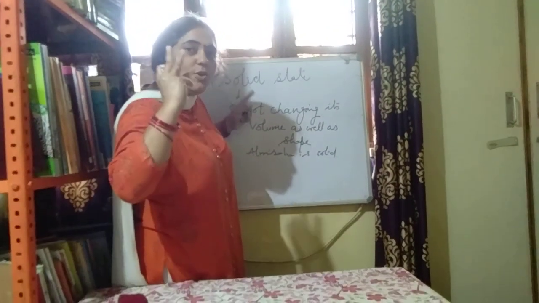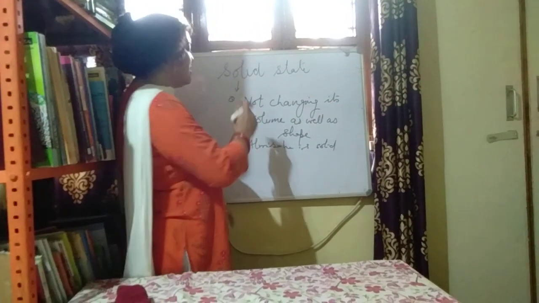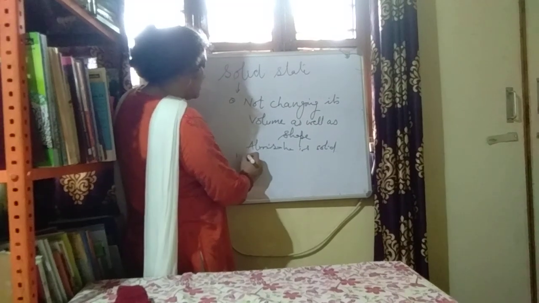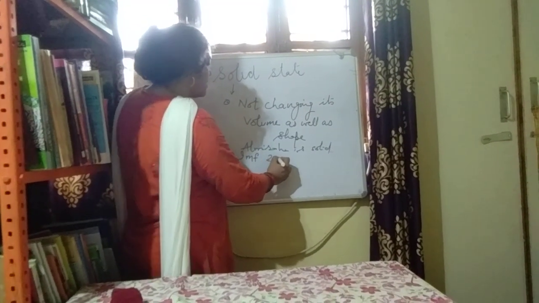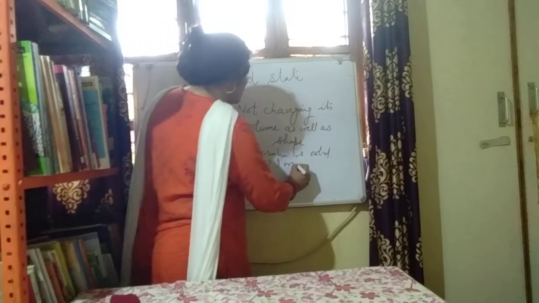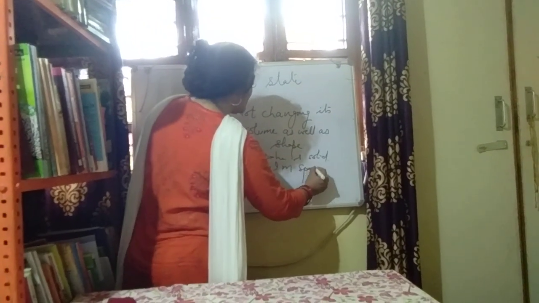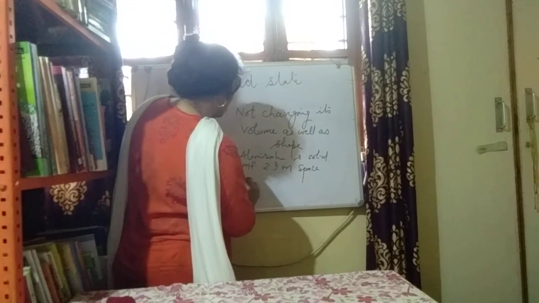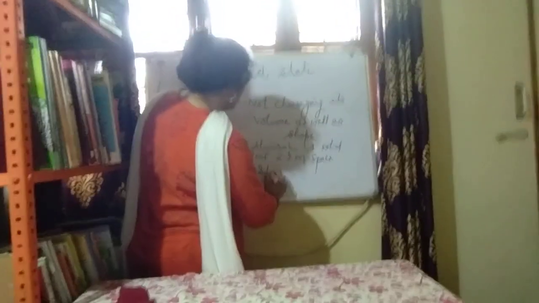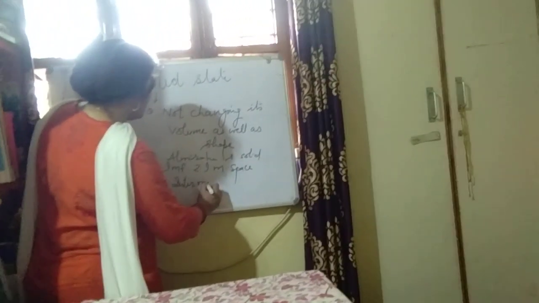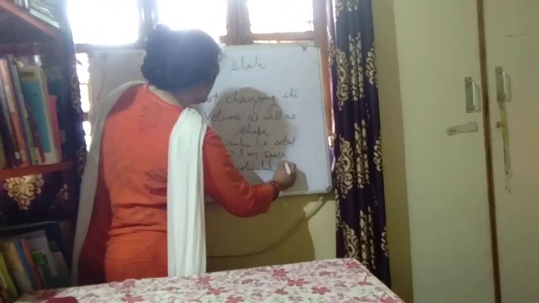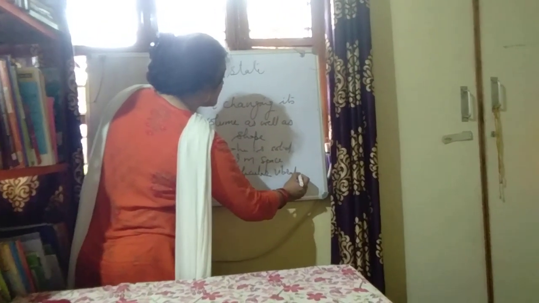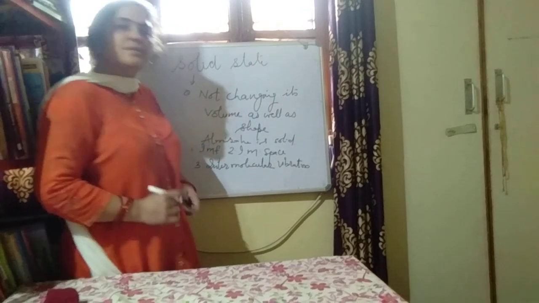These three peculiar properties of matter are what? First, intermolecular force. Second, intermolecular space. And third one, intermolecular vibration.